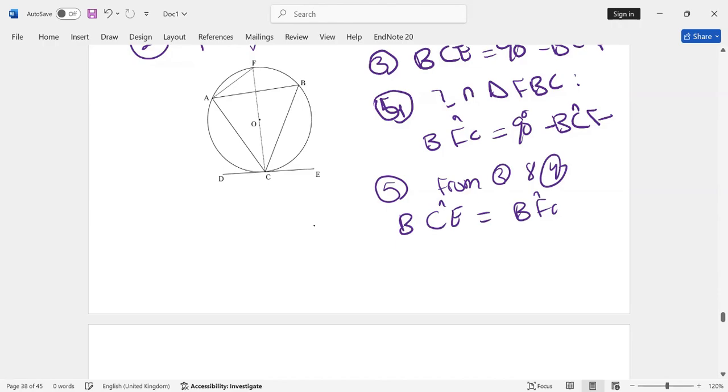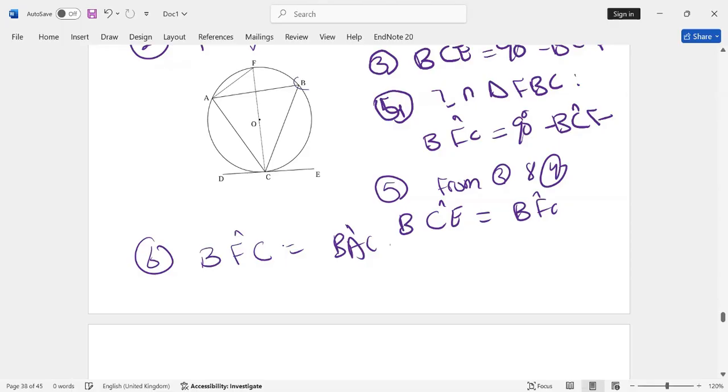So the sixth point is that we have angle BFC equals BAC, angle subtended by the same arc BC.